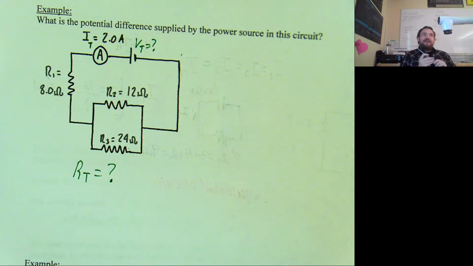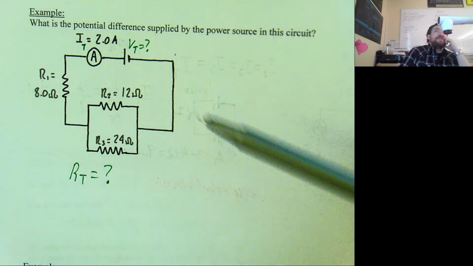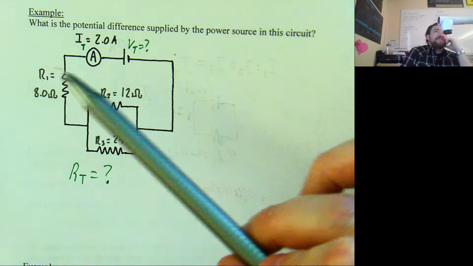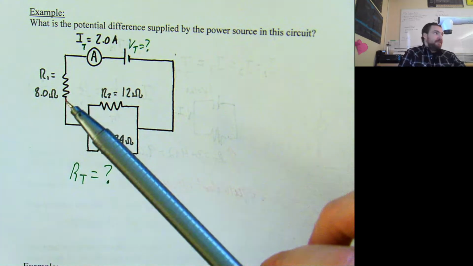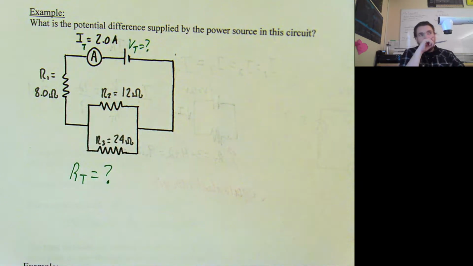Careful how you do this. Oh, because it's on a parallel. Now we've got a combination of resistors in parallel with resistors in series. So what we're going to have to do now, when you're drawing equivalent circuits, is do this step by step.